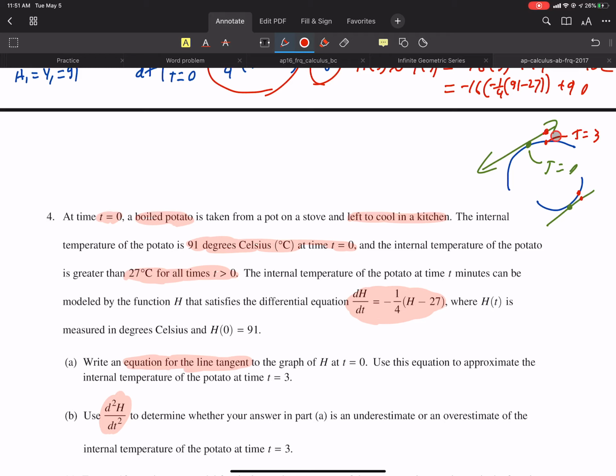It's not increasing, decreasing, but it's the shape of this curve. Concave down, the approximation is over. Concave up, the approximation is under. So I need to determine if the second derivative is positive or negative. So that's my plan of attack. I need to find the second derivative first, but we already have the first derivative.